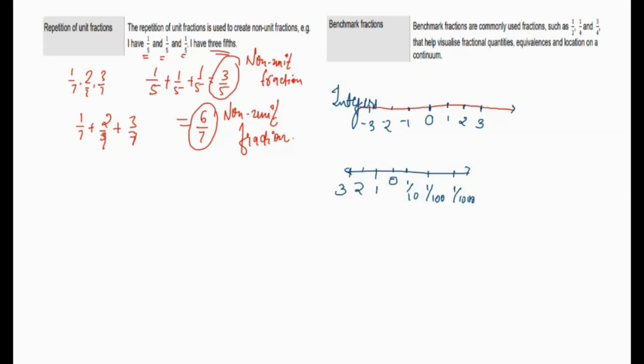If I take 0 as a benchmark, it will become a benchmark fraction. Mostly the benchmark fractions taken are 1 by 2, 1 by 4, 3 by 4. These are some visualizing fractional quantities which we take on a number line while representing fractions.